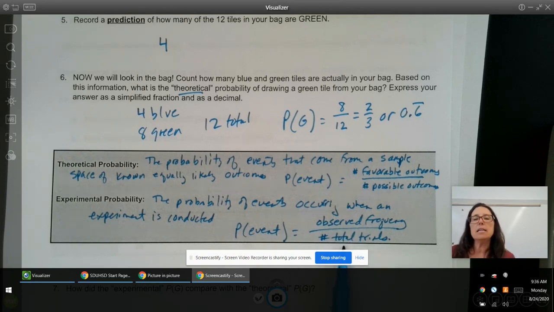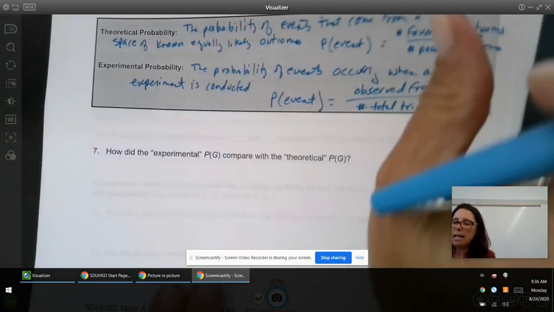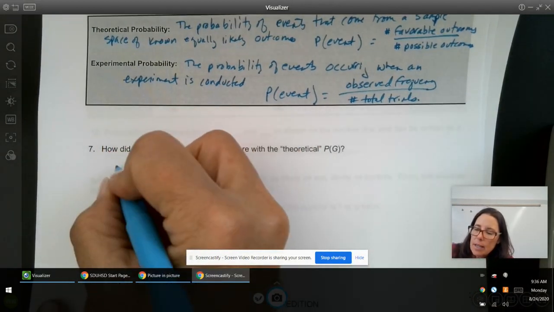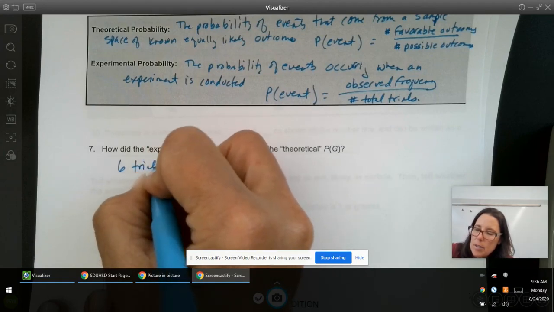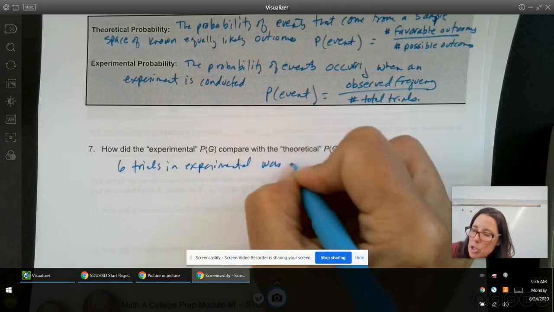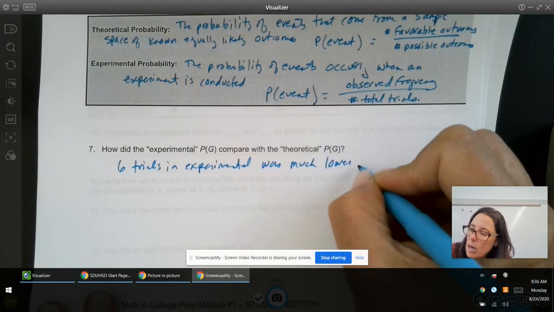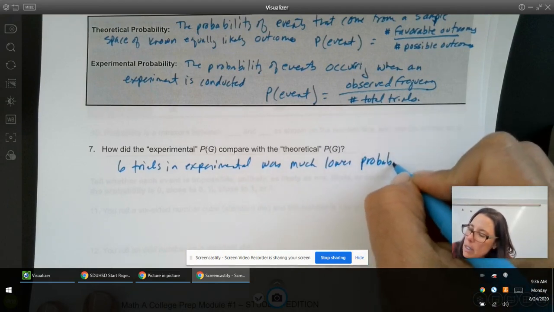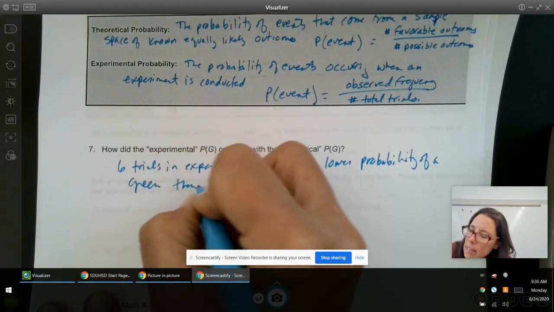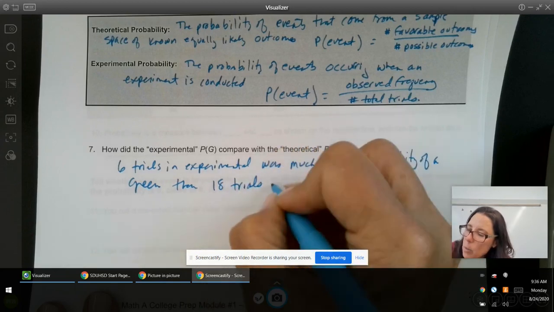Okay, and then we did 18 total trials, and we recorded how many we saw, and that was 11. Okay, so that's the difference between those two. Now how my experimental compares with the theoretical. 6 trials in experimental was a much lower probability of a green than 18 trials was.